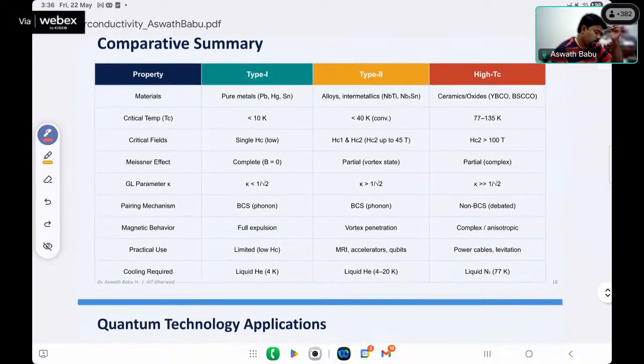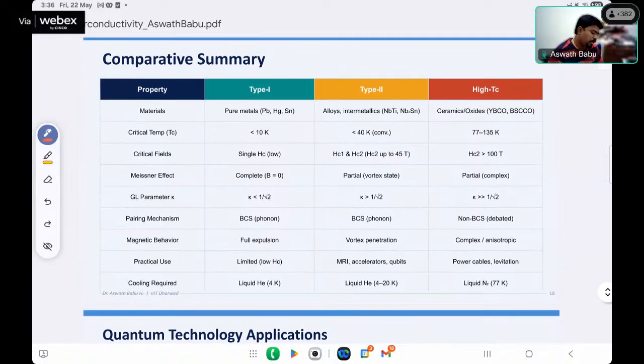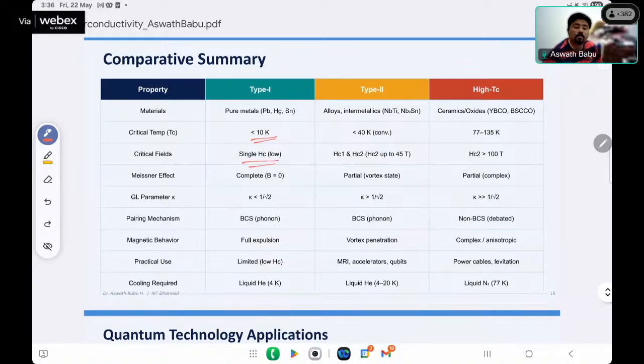In the comparison summary, pure type 1 superconductors like lead, mercury and tin, with critical temperatures below 10 Kelvin, show good superconductivity and expel the magnetic field.